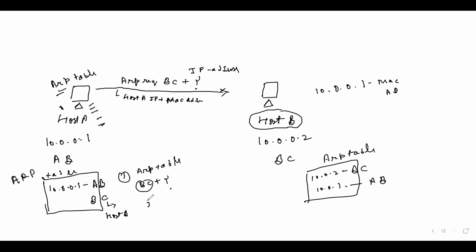So host B added the information of host A: host A's IP address and host A's MAC address in the ARP table.